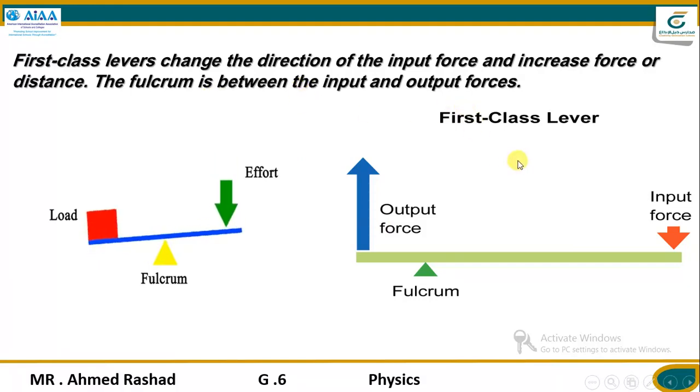Here we have the input force in this direction, and on the other side the different direction of the output force. So what's happening here is that the lever changes the direction. You can observe the direction of input and the opposite direction of output, and we can call these effort and load.